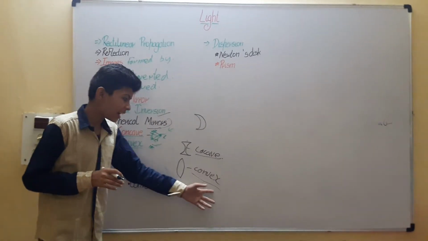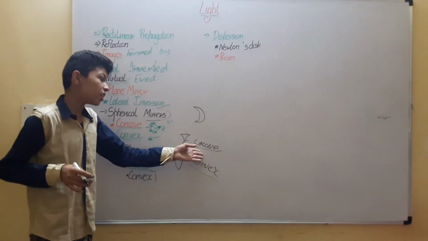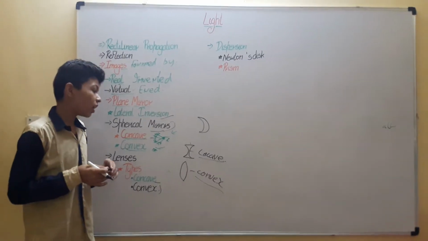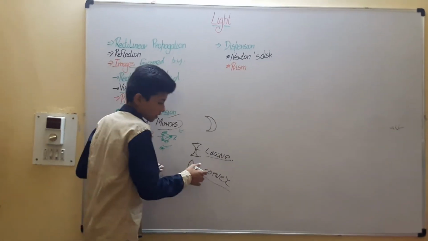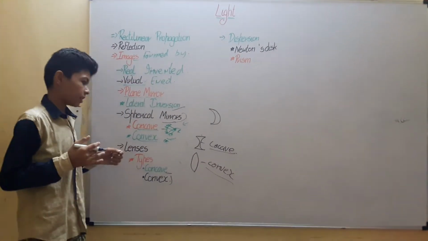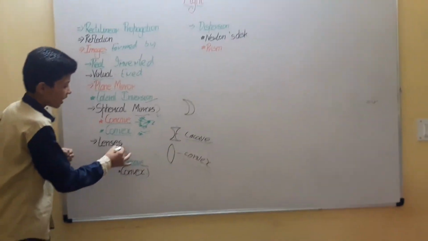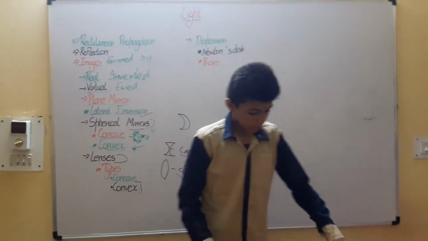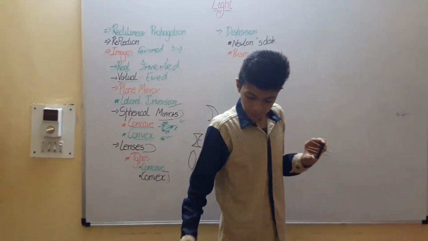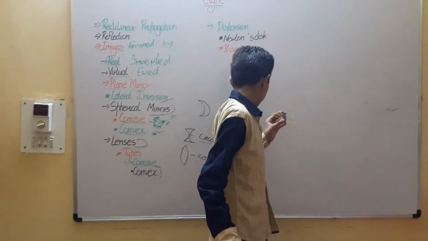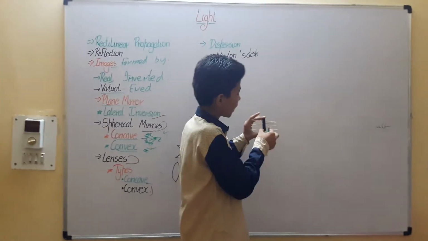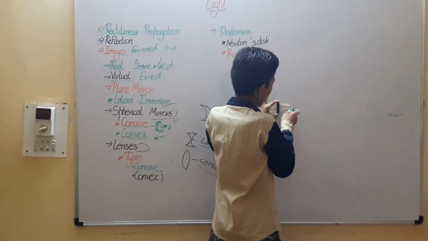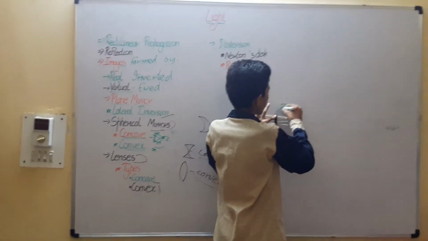And when one side is convex and one side is concave, it is called a concavo-convex lens.